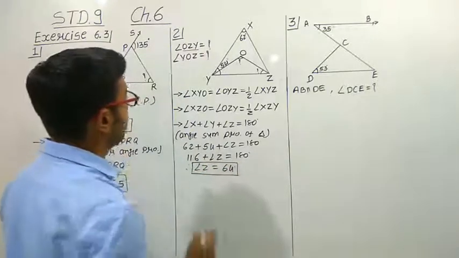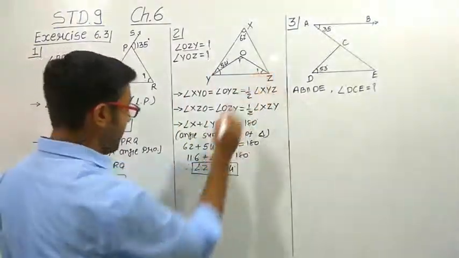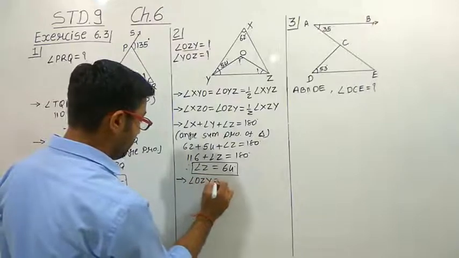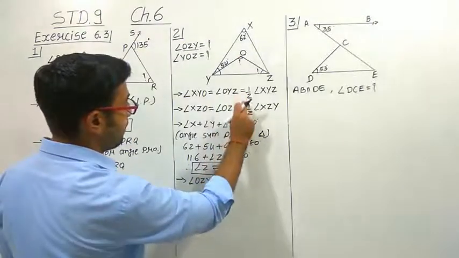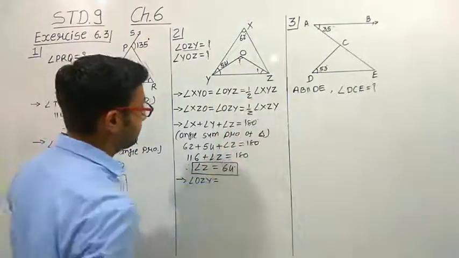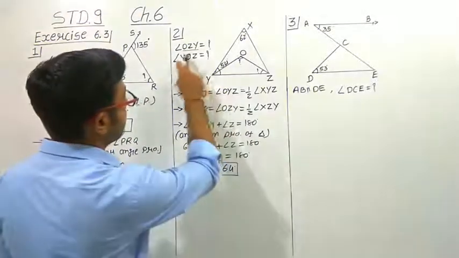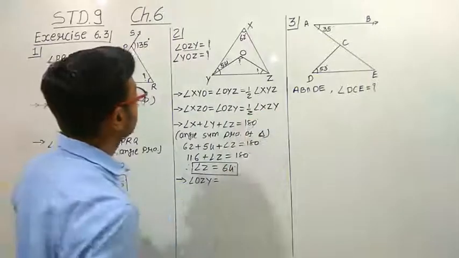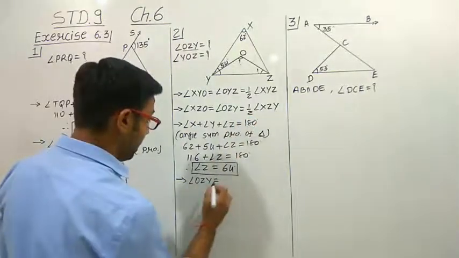So this is the value of angle Z. Now the first angle that we have to find out is OZY. Angle OZY we can write as 1/2 of angle XZY.